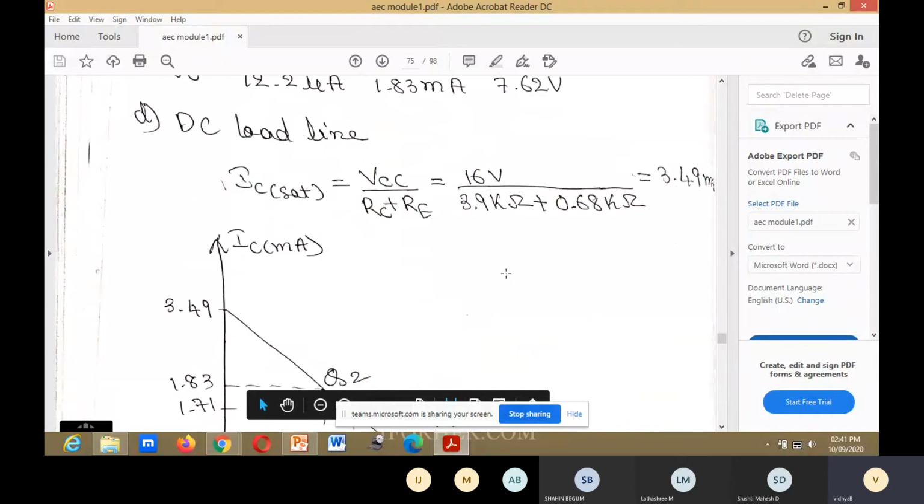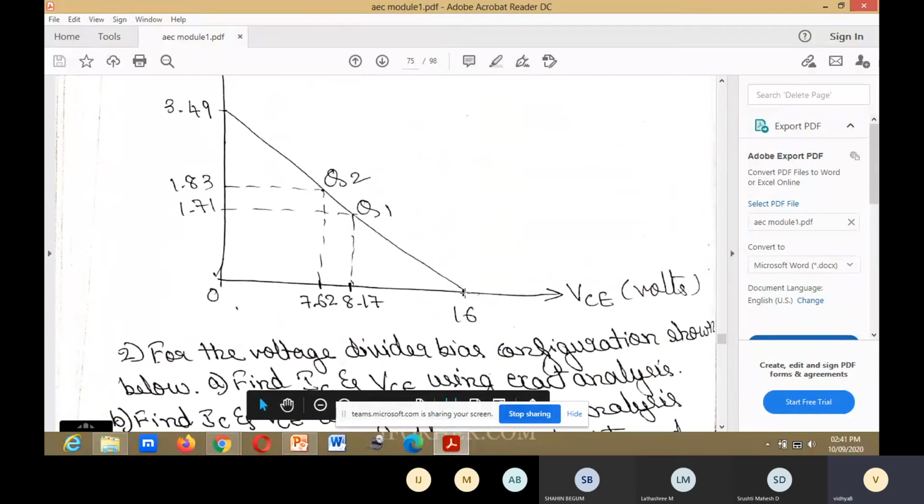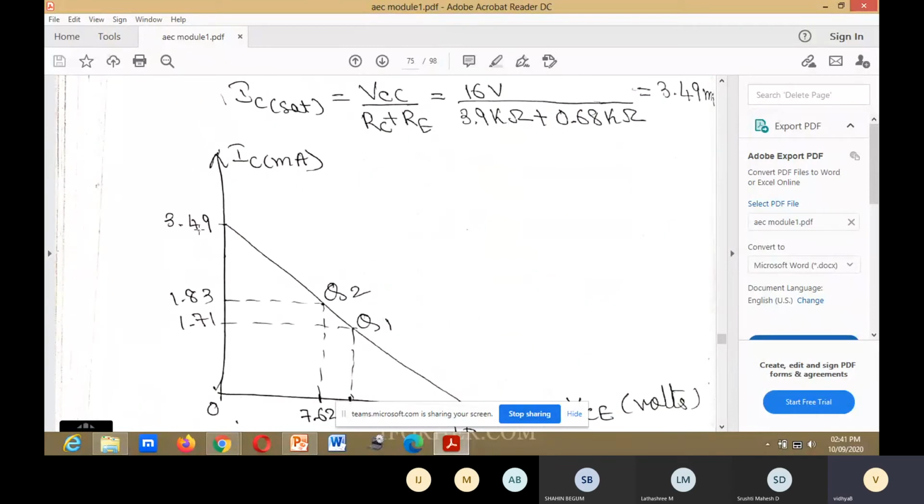VCC they have given as 16 volt. Mark the point on the VCE axis, 16 volt. And next, IC saturation value is 3.49. How will you get this value? IC saturation means when VCE is equal to 0.